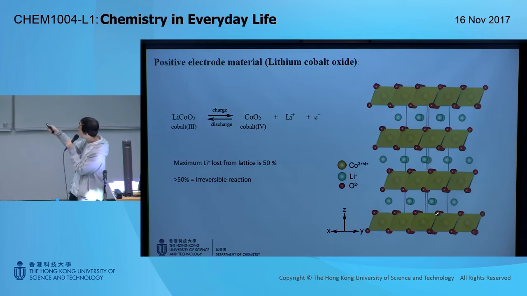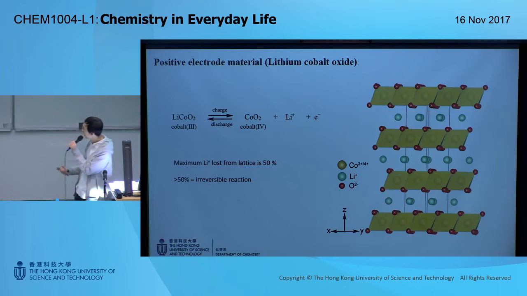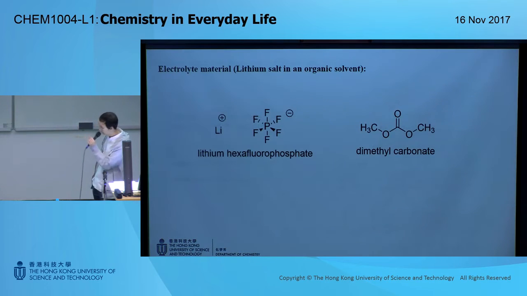And when it collapses, it becomes irreversible. Once the structure has collapsed, you cannot have any spaces for lithium ions to swim back into. Okay, no more holes left behind, so you cannot charge the battery again. So there is a maximum loss of 50% of the lithium ions. Greater than 50%, we start to collapse the structure and have some irreversible reactions.